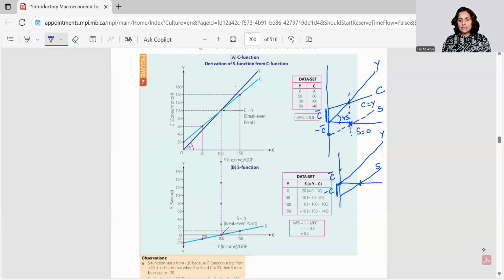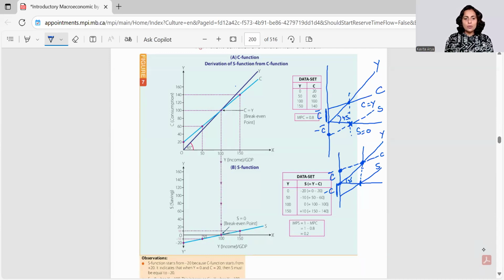From this 45-degree line we draw a line parallel to the y-axis, and this is our second point through which C would be passing. So beginning from C bar, make a line which goes through this point and this becomes the C curve. Hence, we are able to derive C from S and S from C.